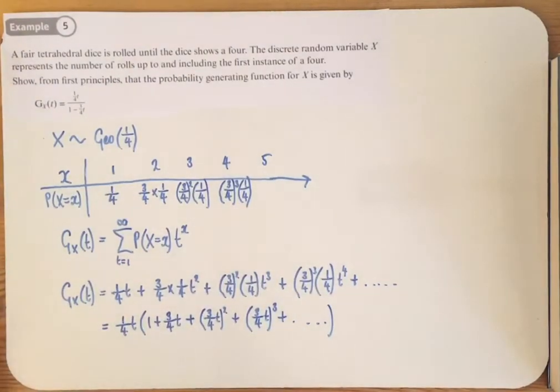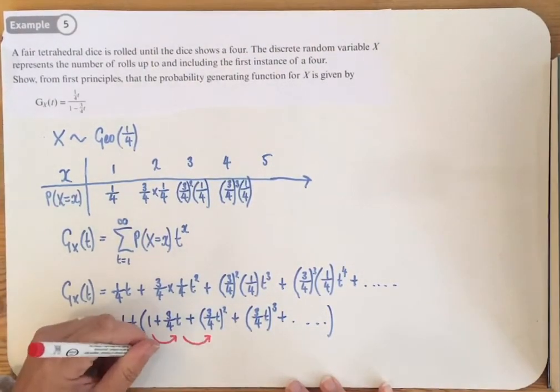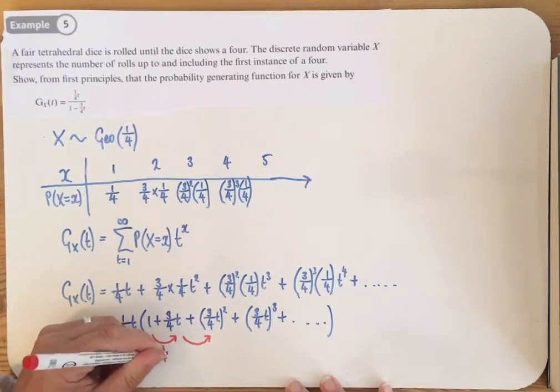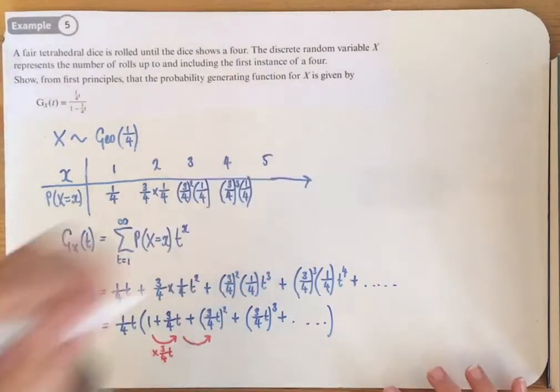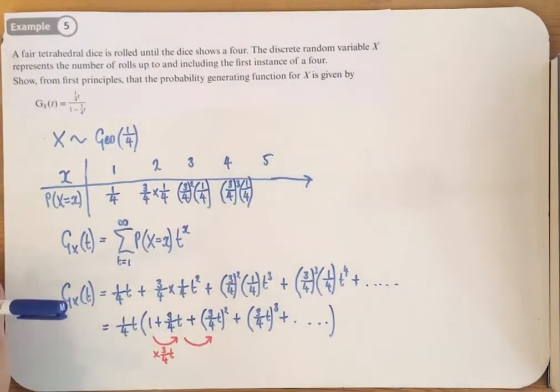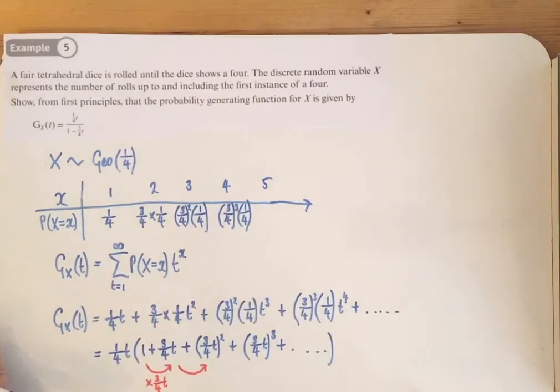And then we're in this case again where we've got a geometric series here. To get from one term to the next, you're multiplying by 3/4 t. And so summing that, coming back into here, a is 1 and r is 3/4 t.